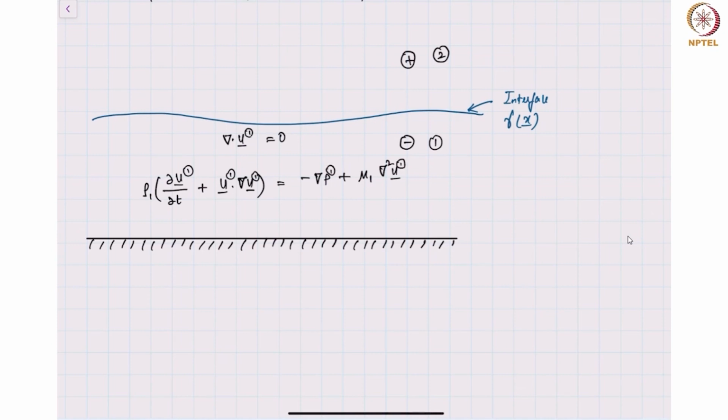Similarly, we have for fluid 2, which I will write in green, del dot u for fluid 2 is 0. That's a continuity equation. Density times, that's the inertial terms, plus the viscous terms.